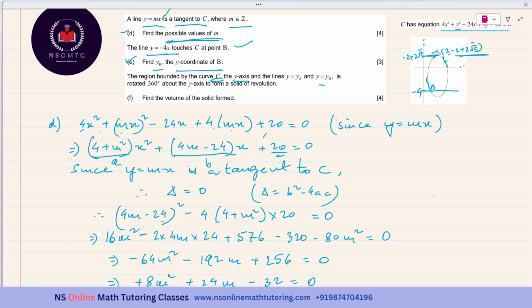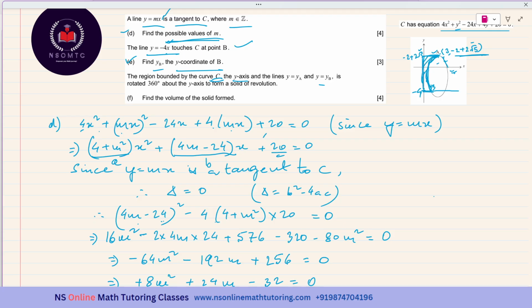So, obviously, we have to take this part of the curve C. Because I cannot take this, because if I take this part, then I will be including this. I cannot include this. The boundaries are mentioned. So, I have to take the y-axis, and y equal to ya, that is y equal to negative 2 plus 2 root 5, and y equal to yb, that is y equal to negative 4.